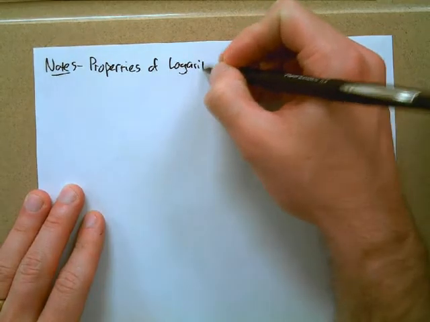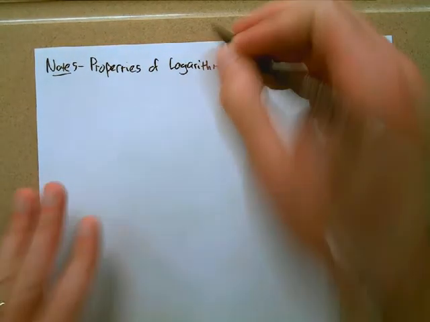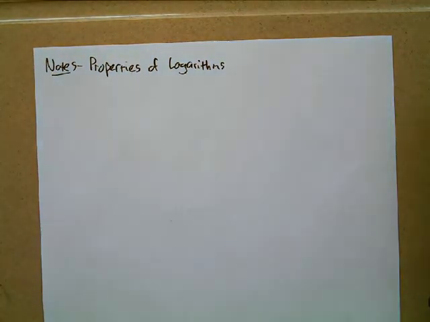And we'll start talking. On Friday, we already talked about some basic properties of logarithms. But we're now going to get into a little bit more extended versions of some more properties that extend beyond just those basic ones.